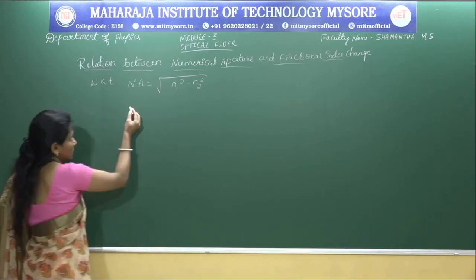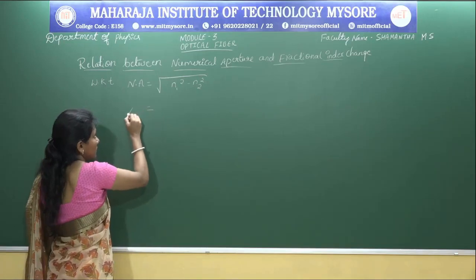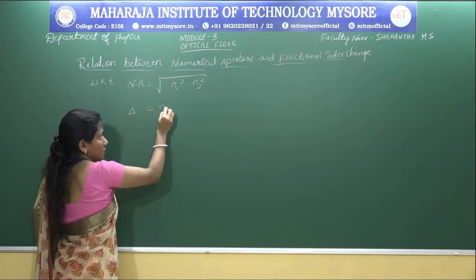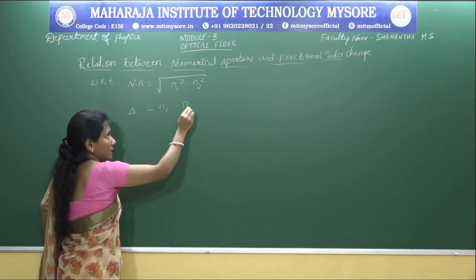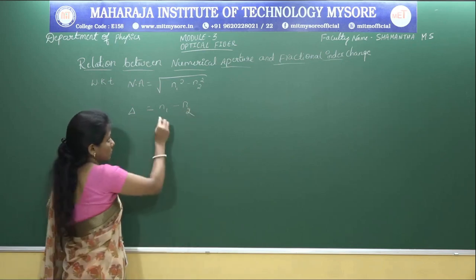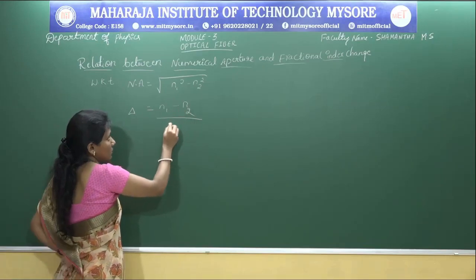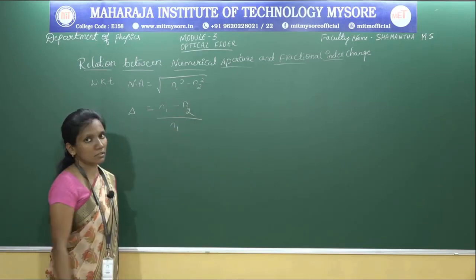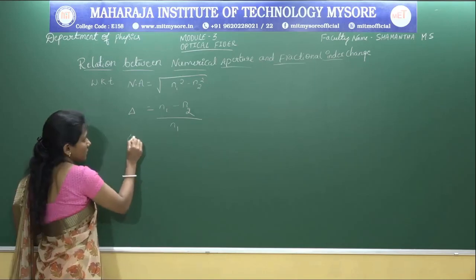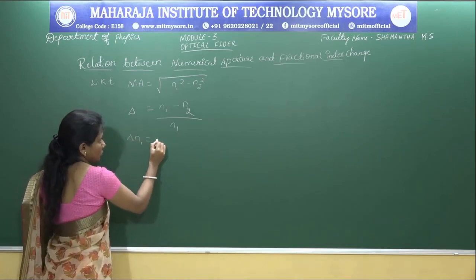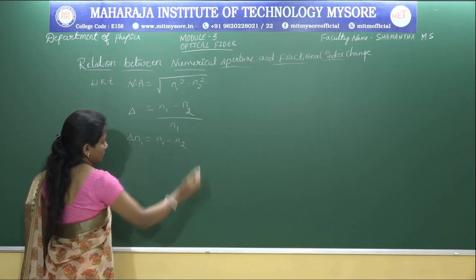That is represented as delta, equal to the difference between the refractive index of the core and cladding, to the refractive index of the core. So just make the rearrangement: delta n1 is equal to n1 minus n2.